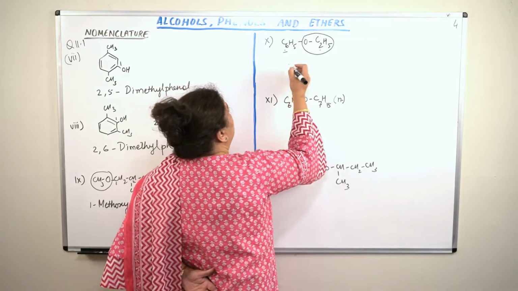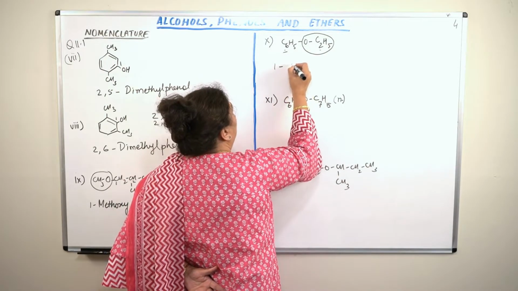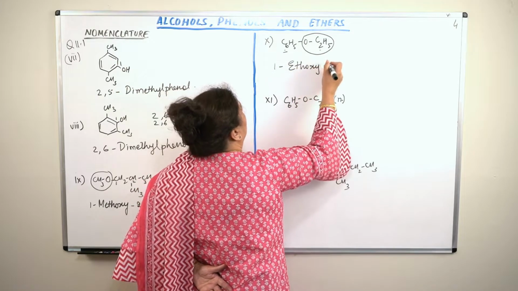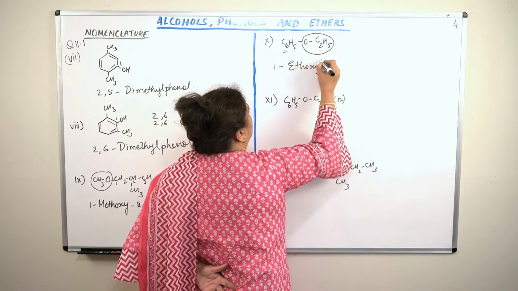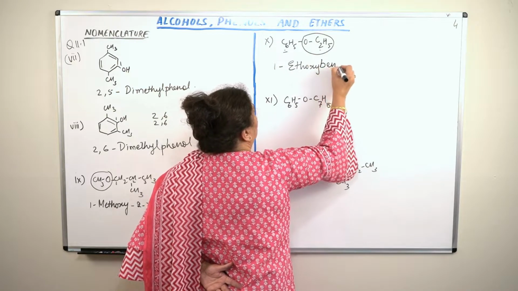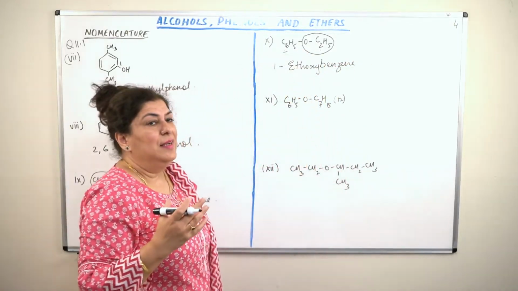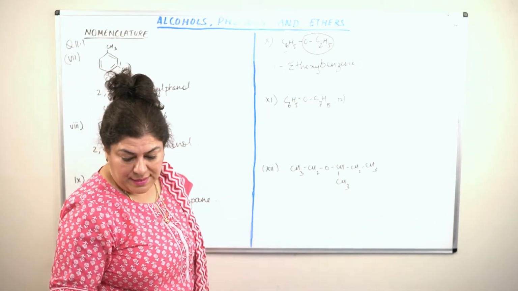So we'll write ethoxy, on the first carbon we'll assume it is 1-ethoxy. It is benzene, ethoxy benzene, because C6H6 is the benzene. So it is 1-ethoxy benzene.